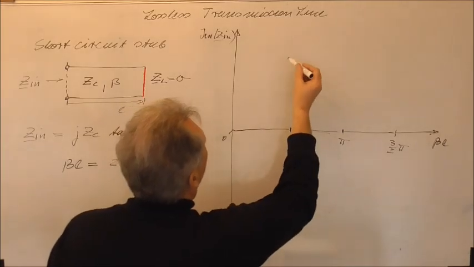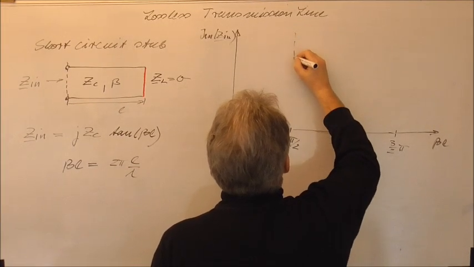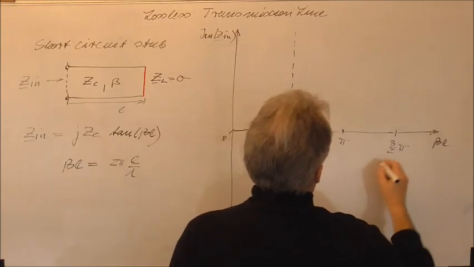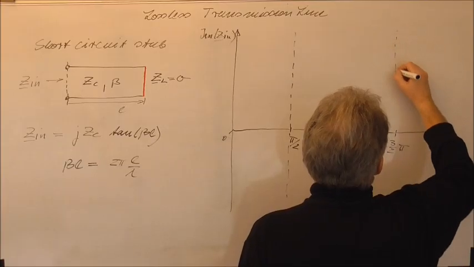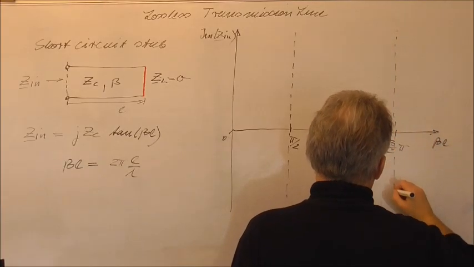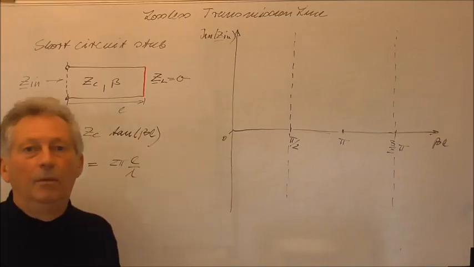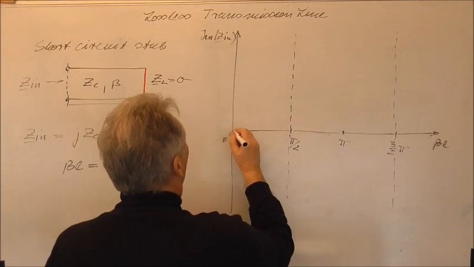And we know that the tangent function itself goes to infinity as soon as the angle approaches π over 2. And of course, also here we will have a pole in the tangent function, and we know that the tangent function is a periodic function, so it looks almost like this.